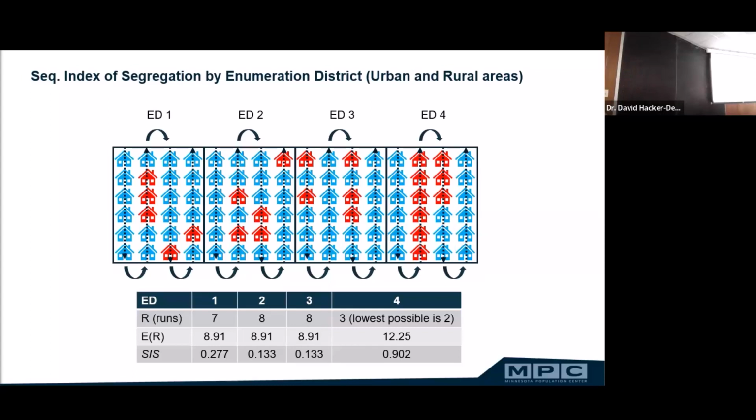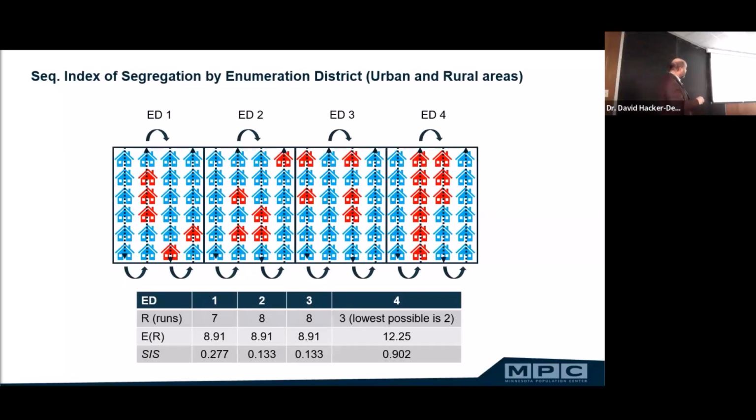Third run, fourth run, fifth run, sixth run, 7 runs. How many is expected with 24 houses in that proportion Black household? You're expecting about 8.91. With 7 runs, you run through the equation, and we get a SIS of 0.27.